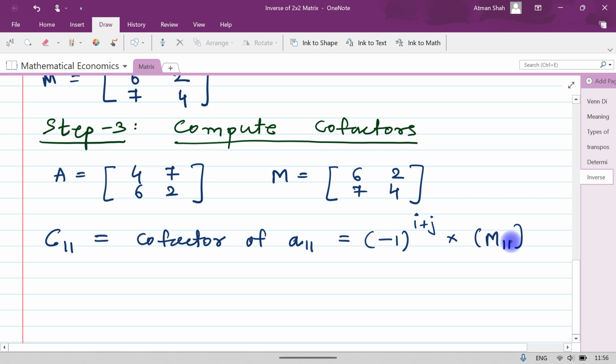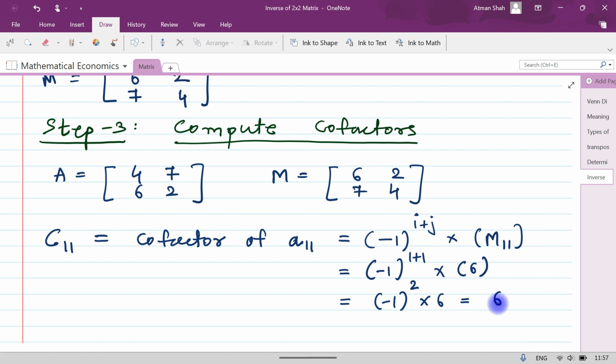Here i is the row and j is the column. Since it is 1 1, it is 1 plus 1 into M11, and M11 is 6, so it is minus 1 raised to 2 into 6, therefore it is equal to 6. So cofactor of A11 is 6.